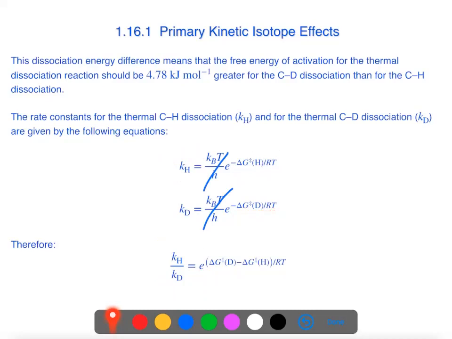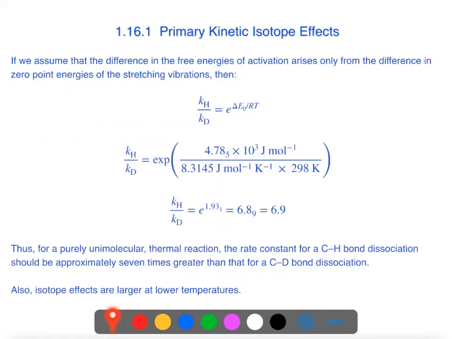And so our new exponent becomes a difference between those free energies or Gibbs energies of activation. So if we assume that the difference in the free energies of activation arises only from the difference in the zero-point energies of the stretching vibrations, then our final expression is that the ratio of the rate constants is equal to e to the difference in the zero-point energies over RT.